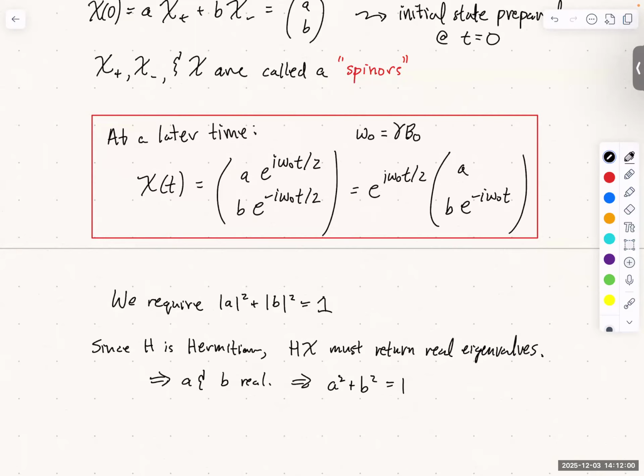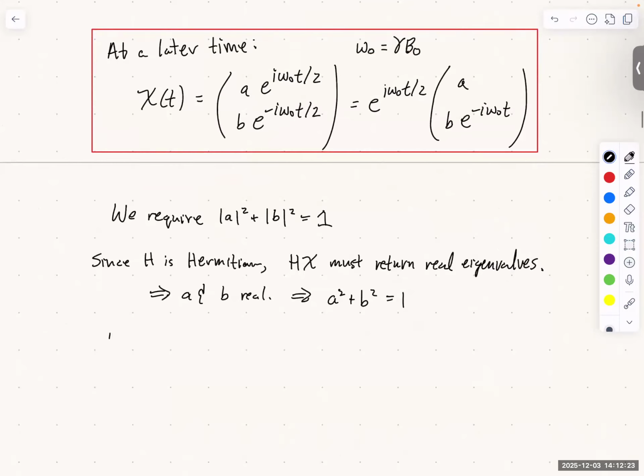But there's a nice way to guarantee that A squared plus B squared is 1. And that is to think of it in terms of a circle. A circle with a constant radius of 1 is just x squared plus y squared equals 1. And we can do that by the following.